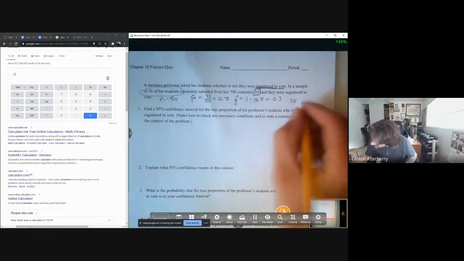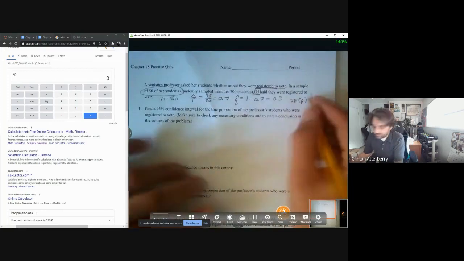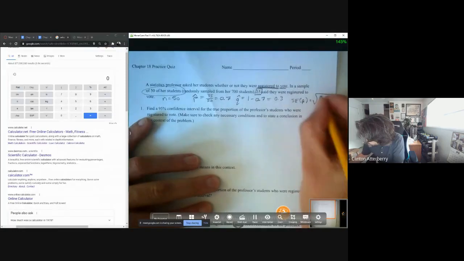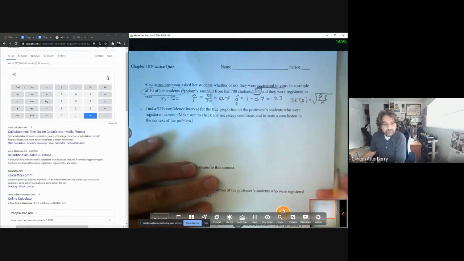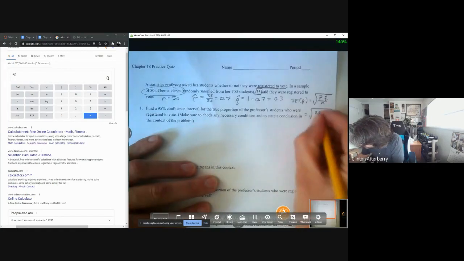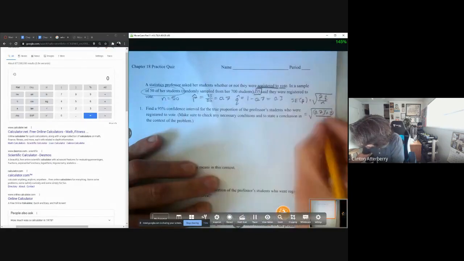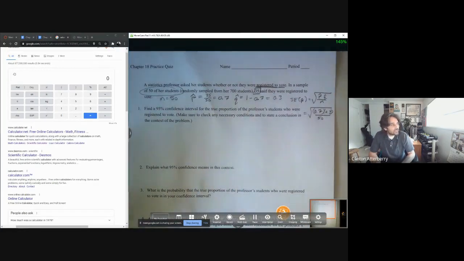So the standard error of our observed proportion is equal to the square root of P times Q divided by N, but this time it's observed P, observed Q divided by N. When I calculate that, I should get the square root of 0.7 times 0.3, divided by the sample size of 50. So it looks a lot like the same stuff from last chapter. It has to do with what's called a confidence interval, and we call it a standard error.